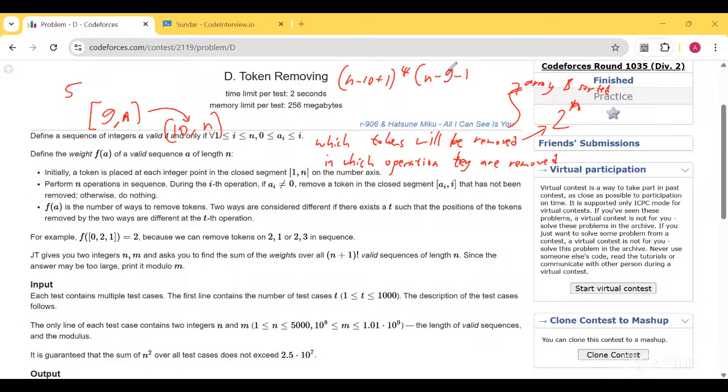Basically, there are n minus 9 plus 1 possibilities, but one of them is already used, so minus 1. Yes, that's correct. How about this? We can also remove in operation 5 to n, but 2 of them are already used. So how many ways? Okay, yes, that's correct.